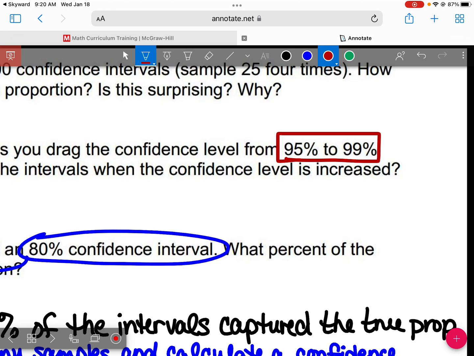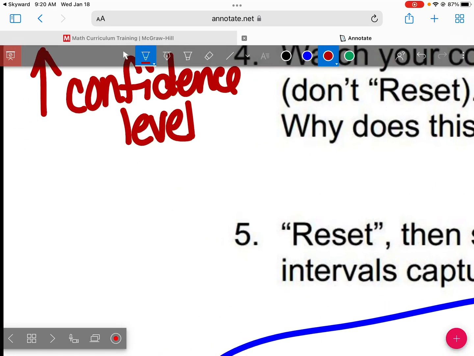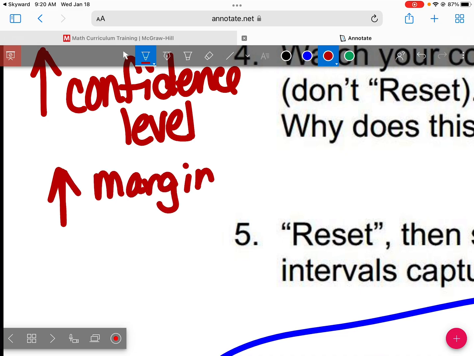How are we constructing these intervals? What did we do to go from just a point to an interval? We added and subtracted. Does anybody remember what we called the thing that we were adding and subtracting to that point estimate? Starts with an M. What'd you say? Margin of error, yes. When my confidence level goes up, my margin of error goes up, because that's what gives me a wider confidence interval.